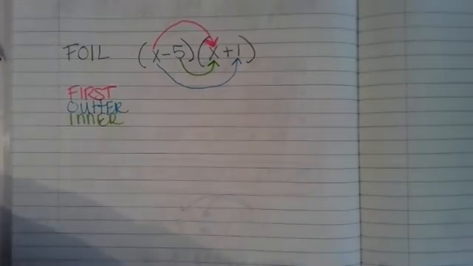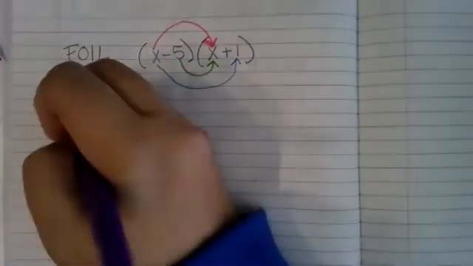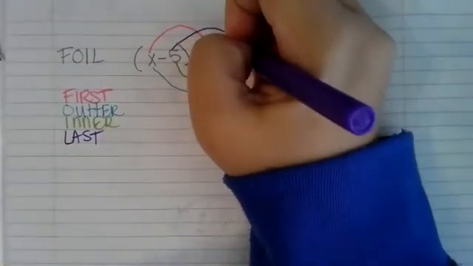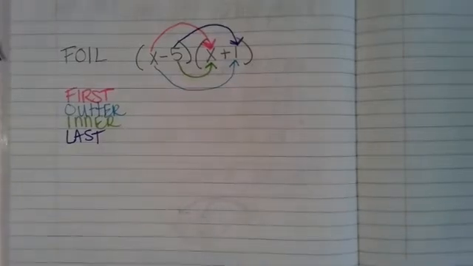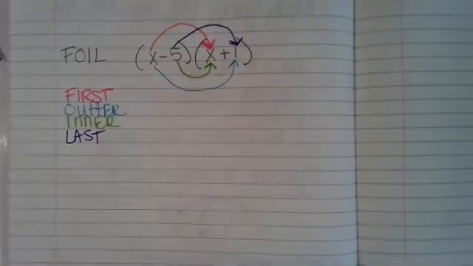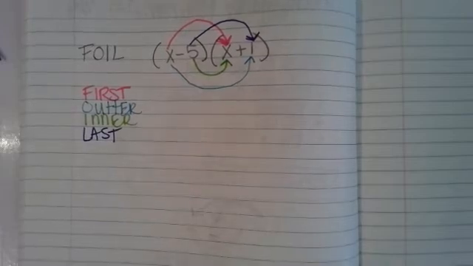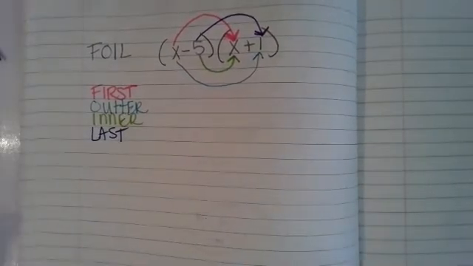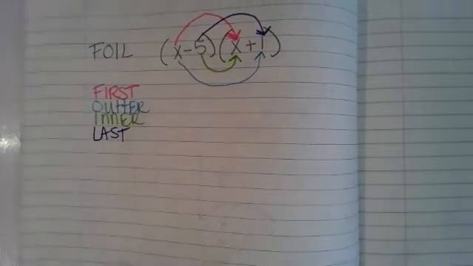And then I have L, which stands for last, which means I'm multiplying the last terms. So again, FOIL, first, outer, inner, last. It is an acronym to help you remember that you have multiplied everything, right? Because it's going to be really easy to skip over something.